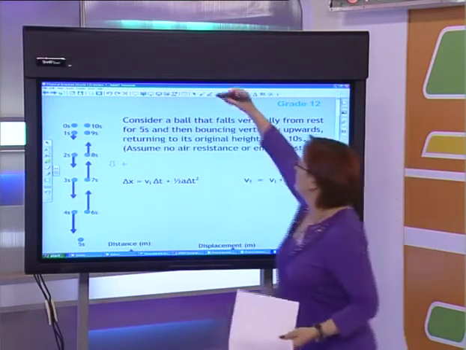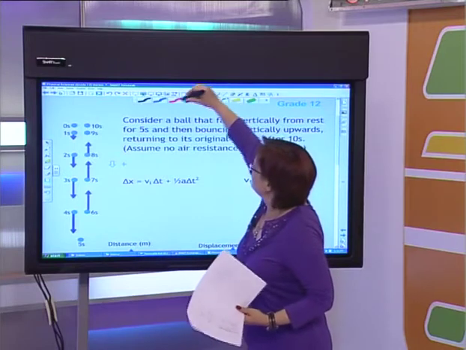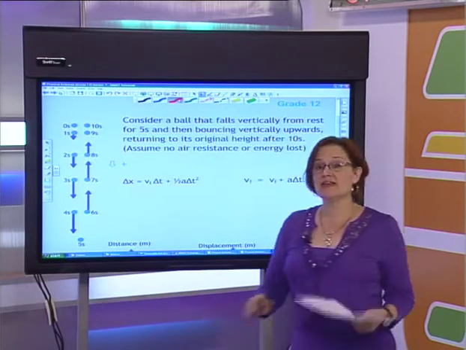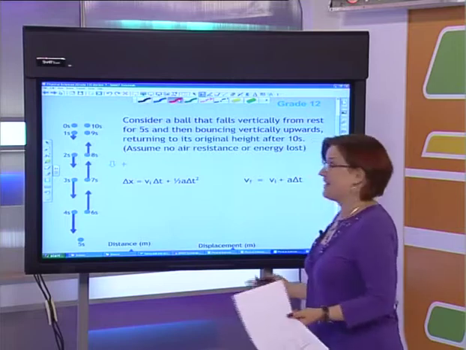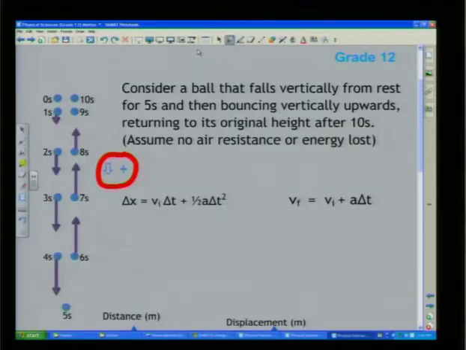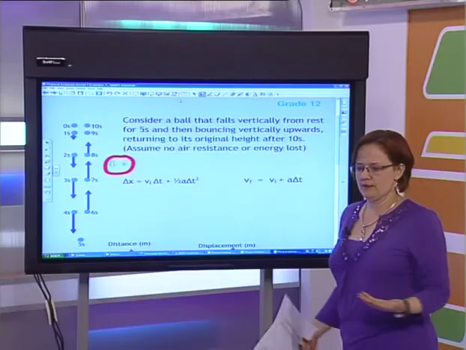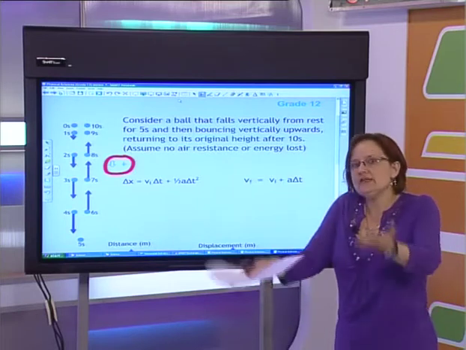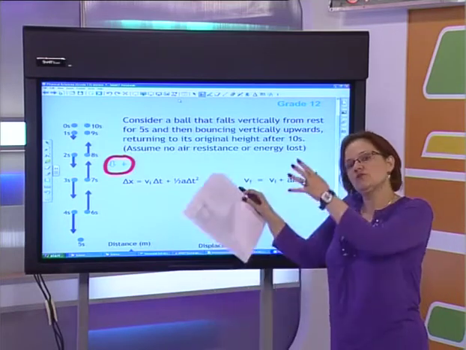And what I've done over here, and I make my own learners do this, there are no marks for this, but I do this when I work out a problem, is I make a note for myself as to what the positive direction is. Because we tend to forget. We tend to go, I can't remember, and halfway through it changes. The reason why I've chosen down as positive, and you could have chosen up as positive, is because the easiest way to remember how to choose a direction is to go, well, what's the original direction of motion?